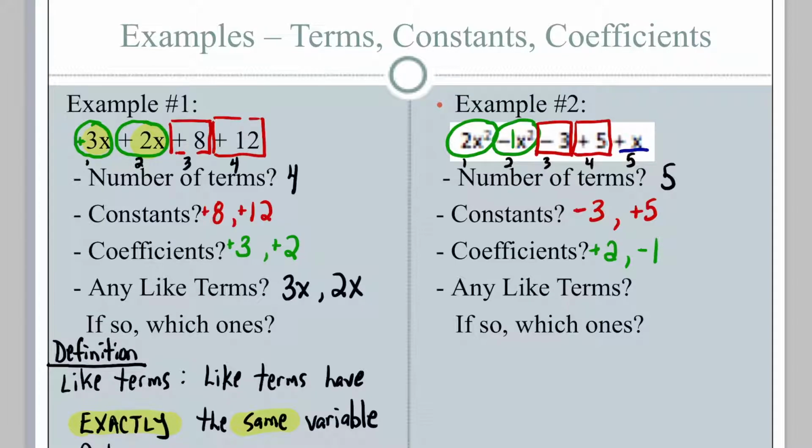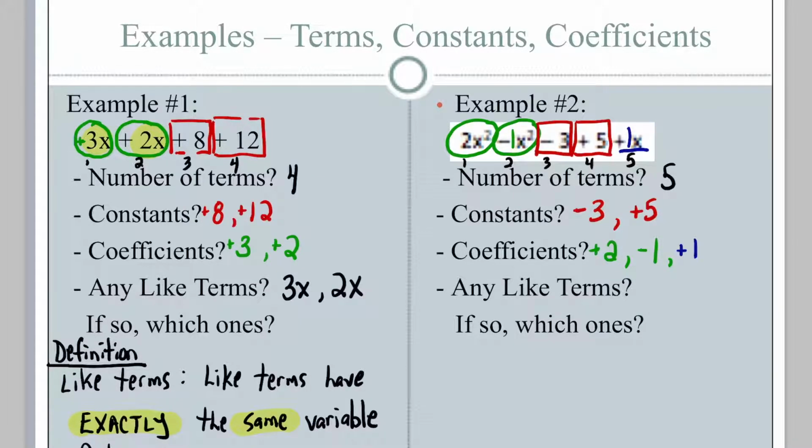And then lastly, we have another variable. It again does not have a number written in front of it, so we can conclude that it is also a 1 being multiplied by the variable, and we have a +1. So those are the coefficients. Once again, please do not include the variable as a coefficient.